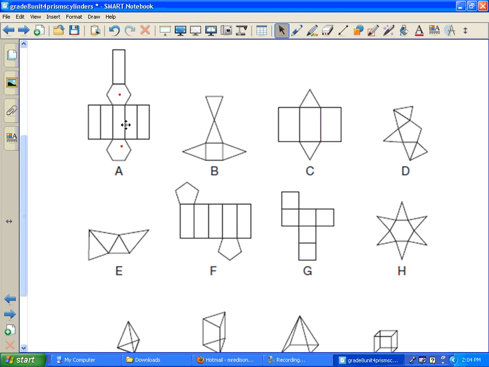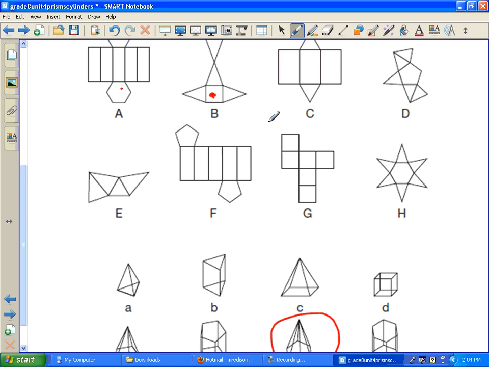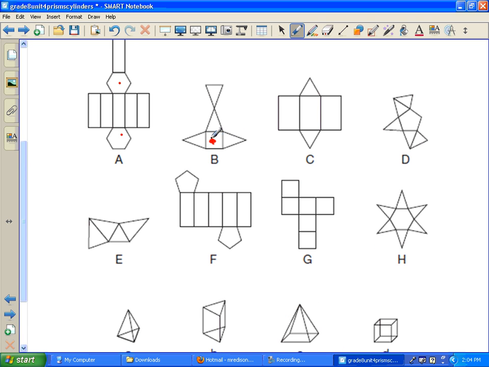Okay, so we've got this one figured out. The next one to figure out is B. Let me see, we've got a base right here. That one there only has 1 base to it, or a bottom, and then it's going to have triangles on each side.